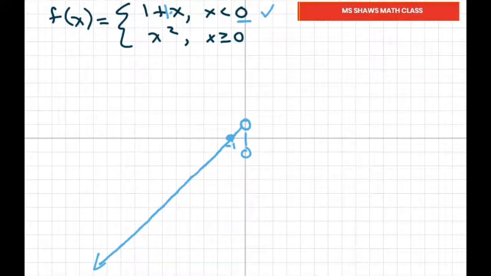The second portion is when x is greater than or equal to 0. When you plug in 0, that goes to 0 here, and it can equal 0. And at 1, that maps to 1. Since it's a quadratic, you have to plot at least 3 points. 2 maps to 4.